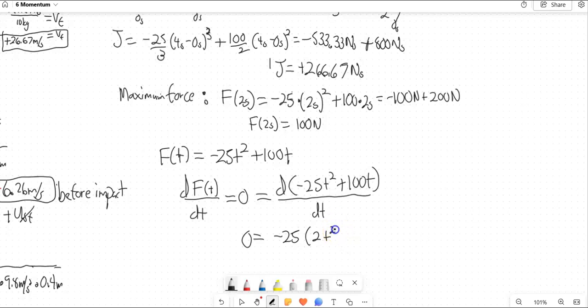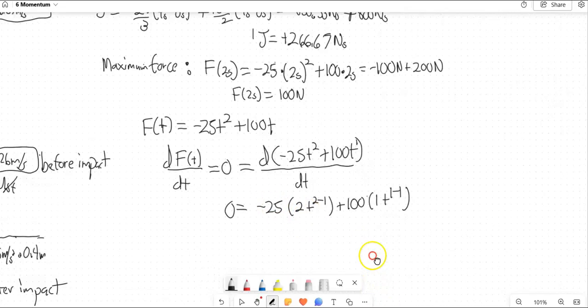So this should be t to the 2 minus 1, we're subtracting off 1, plus 100, and this is t to the first, so we multiply that by 1, and then t to the 1 minus 1, which is just 1.